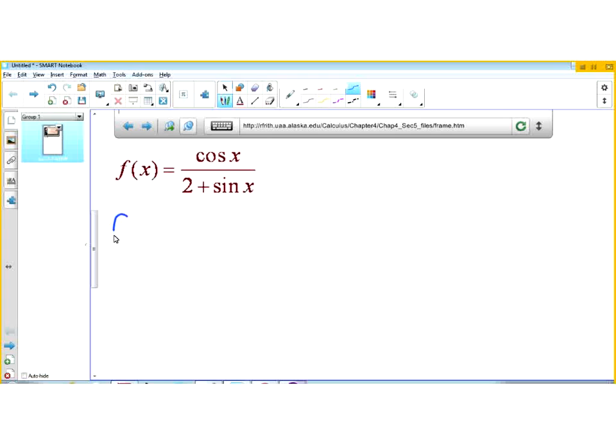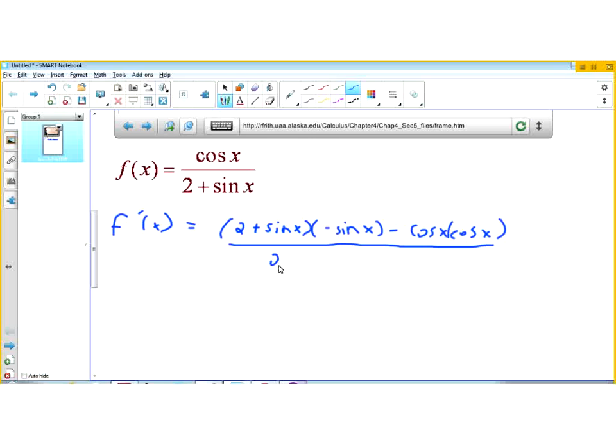All right, so f prime of x is equal to the bottom function times the derivative with respect to x of the top function, which is minus sine x, minus the top function times the derivative with respect to x of the bottom function, all divided by the bottom function squared.